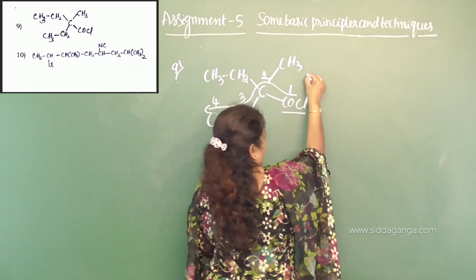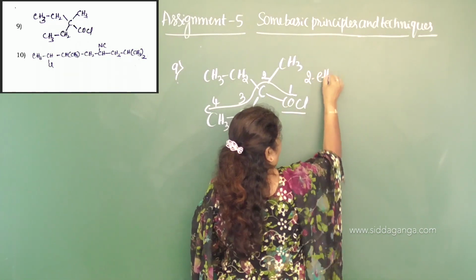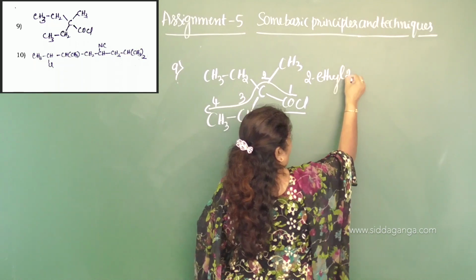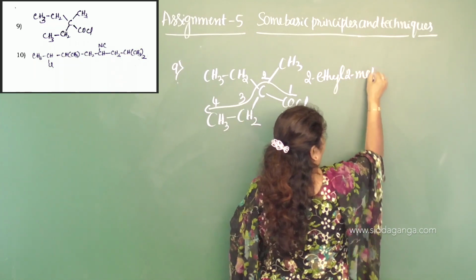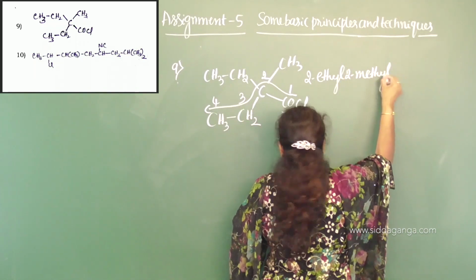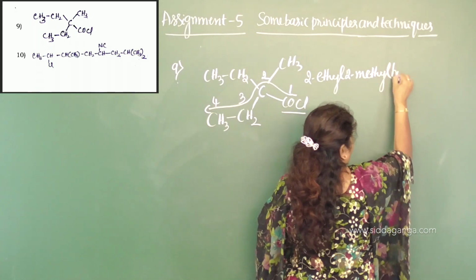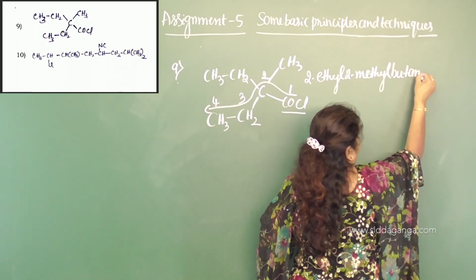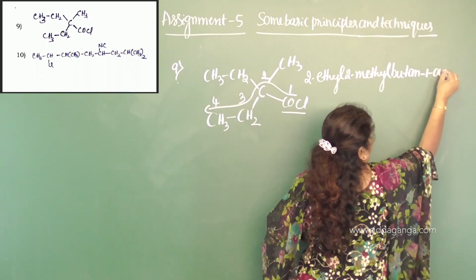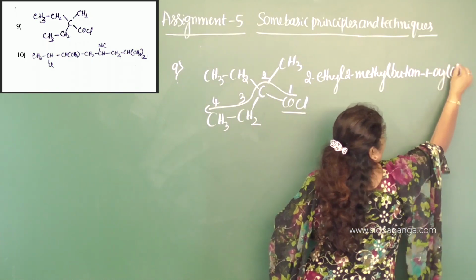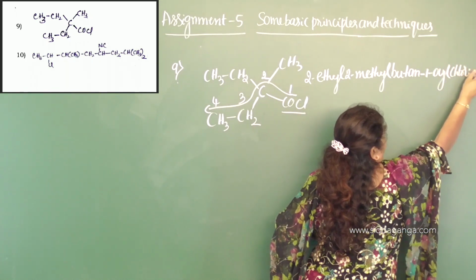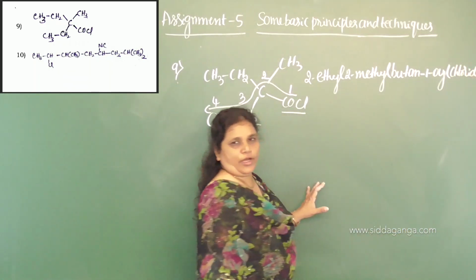So 2 ethyl, 2 methyl, root word containing butane, 1 oil chloride.